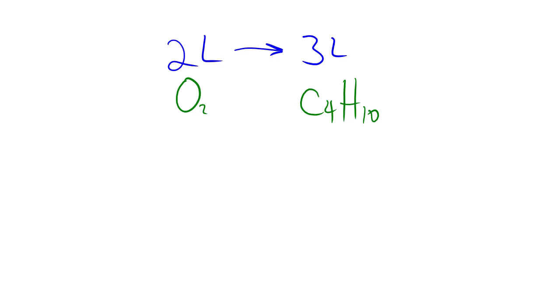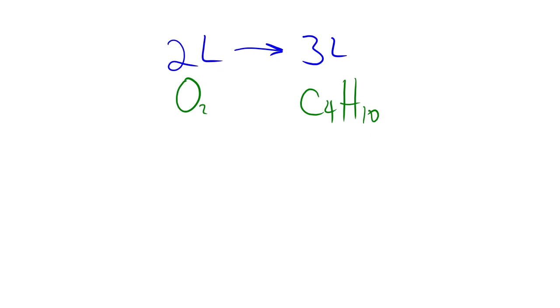I mean 1 atom will need 3 atoms of what? Let me just put it as molecules, since there is a lot of atoms there. So 2 molecules, 1 molecule will need 3 molecules.